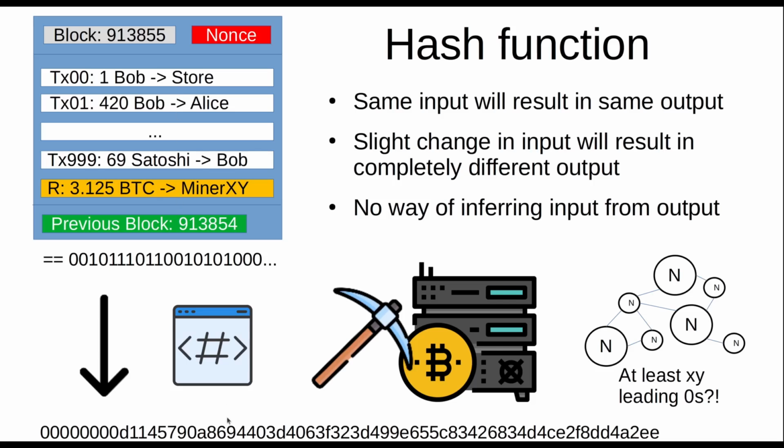Then you get a completely different output sequence, because the SHA-256 hash function basically just chops this sequence up and mixes it up until you get a 256 bit output. And so just changing one single bit will result in a completely different output.